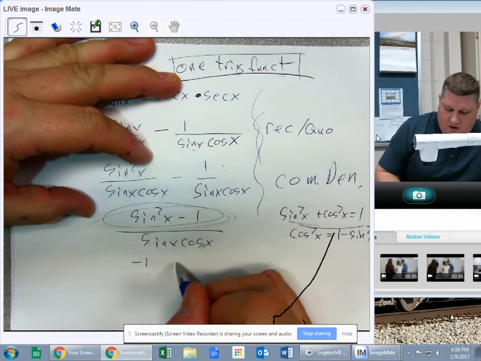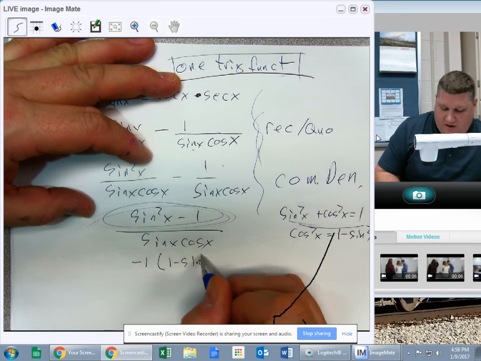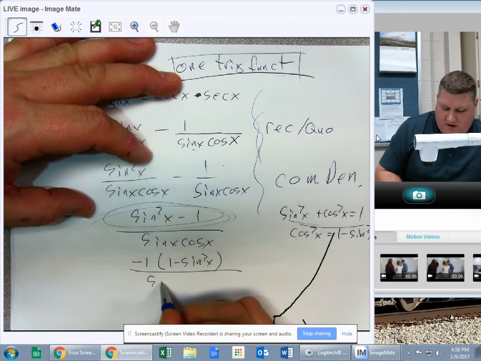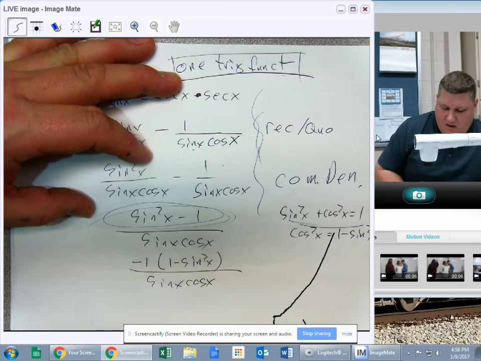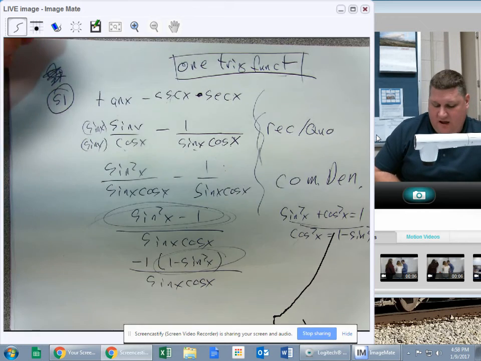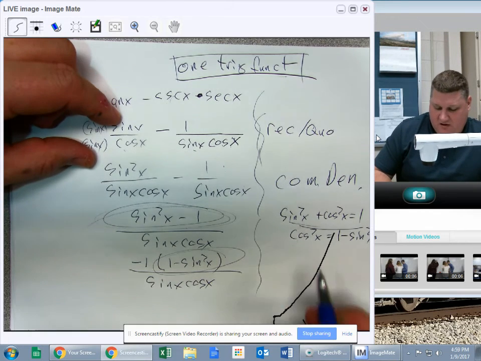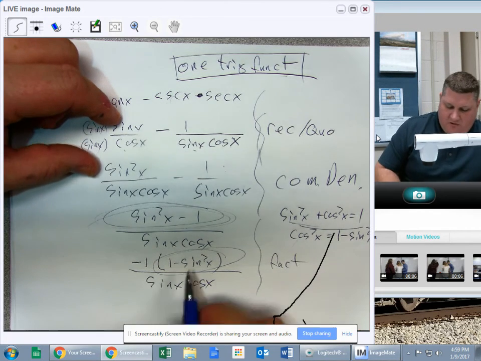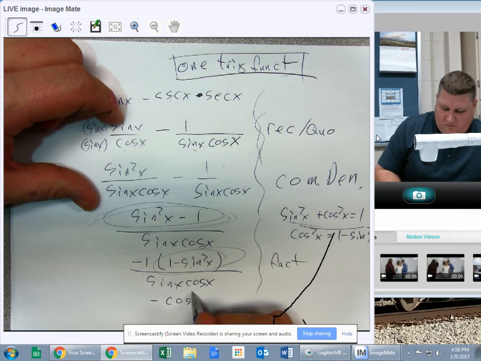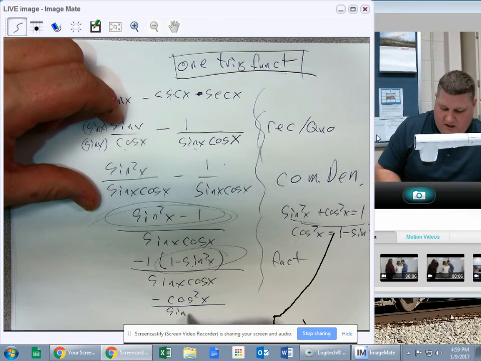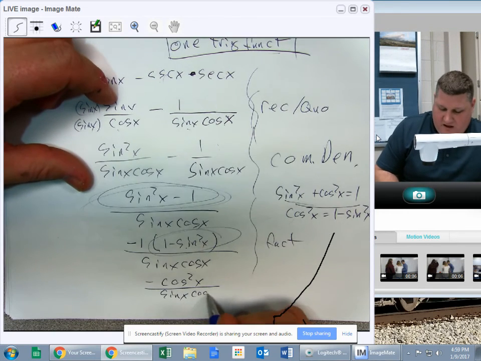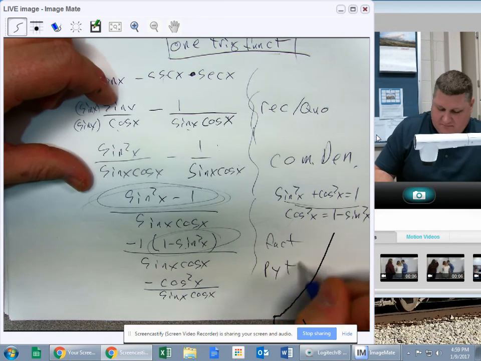So you get negative 1 times 1 minus sine squared x over sine x cosine x. What is 1 minus sine squared x? 1 minus sine squared x is cosine squared, so negative cosine squared x over sine x cosine x by Pythagorean.